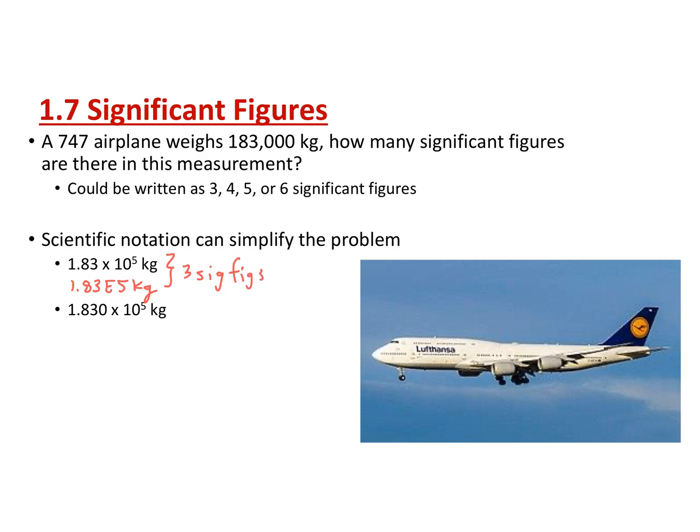However, if I knew that weight to 4 significant figures, well, then I would say I had 1.830 times 10 to the 5 kilograms, or e to the 5 kilograms. That would be 4 significant figures. So by using scientific notation, we make our lives a little bit easier because we only include a number if it is significant.